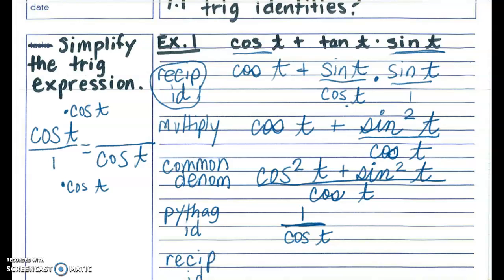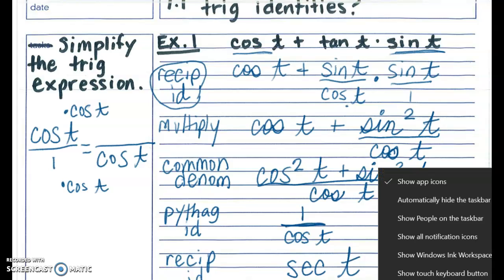Okay, we see that secant is equal to 1 over cosine. So in simplest form, this is secant t. One of the hardest things I know in teaching this topic is knowing when you're done. A good way to know when you're done is to ask: what else can you do to secant t?